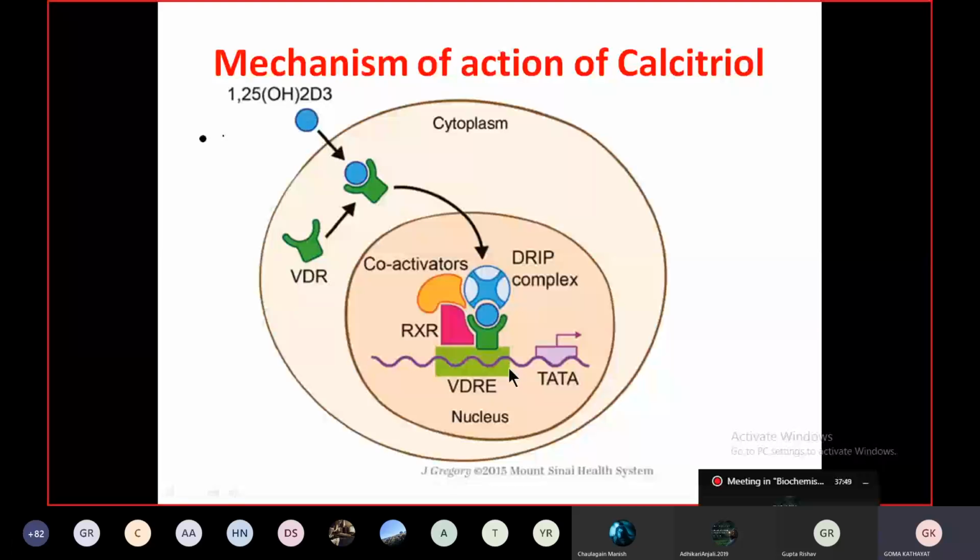It also binds with co-activators, and the heterodimer then binds with the vitamin D response element, like other steroid hormones.